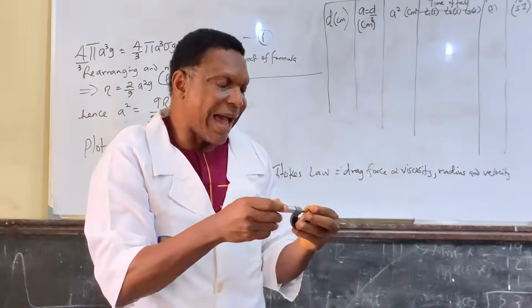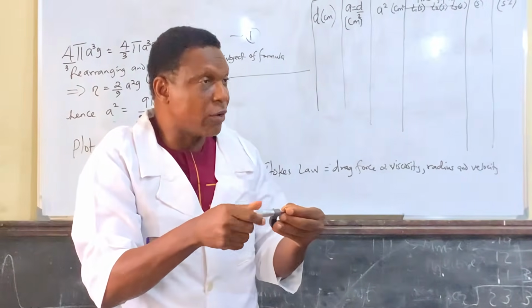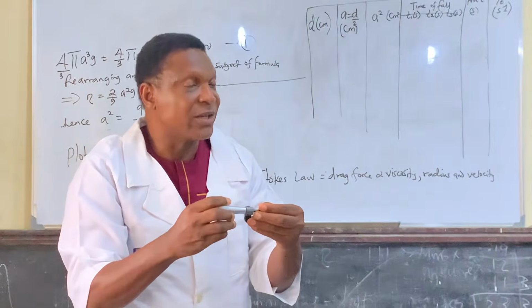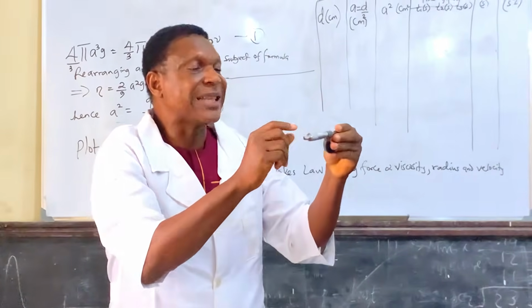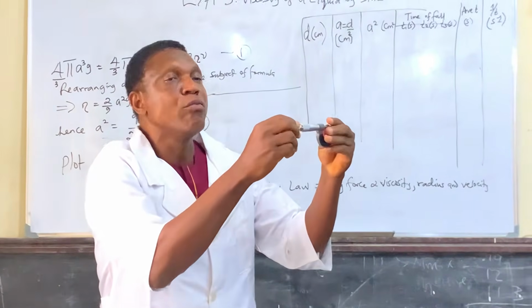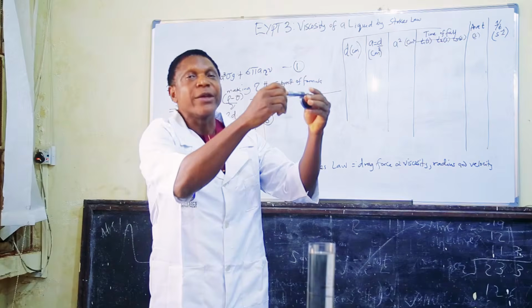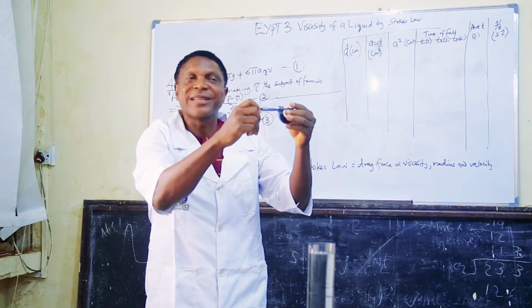But in this case, I have chosen to measure the diameter from the onset so that I have my record. In the usage of the micrometer screw gauge, which has been demonstrated to us, please let us be careful that once we tighten it using the main handle, you must tighten it up using the ratchet handle, and you're going to hear this sound. Once it starts giving you this sound, that means it's tightened up.